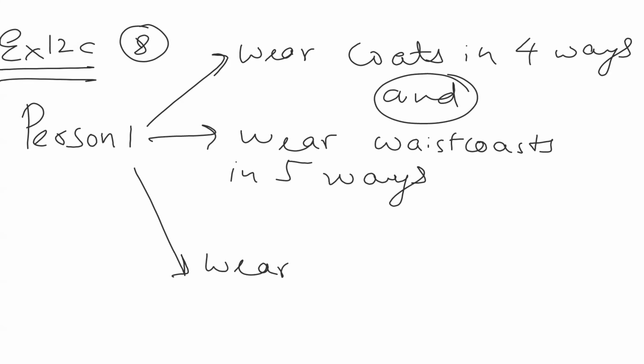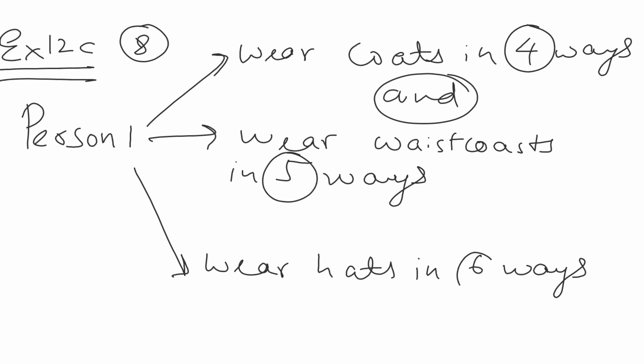And he can wear hats in six ways. So for person number 1, the number of ways are 4 into 5 into 6. So person number 1 can wear these things in a total of 4 into 5 into 6 ways.